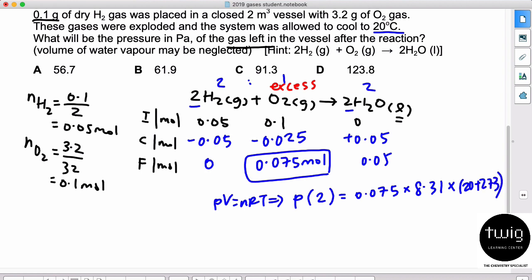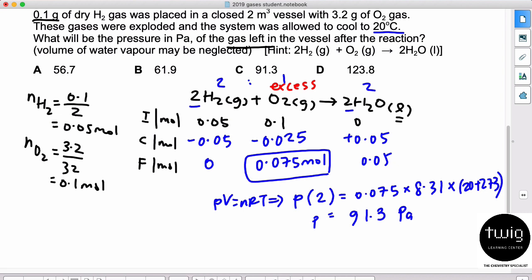Press your calculator and you get 91.3, and that will give you Pascal. Make sense? So that's the idea.